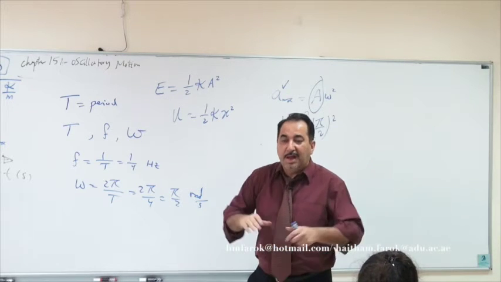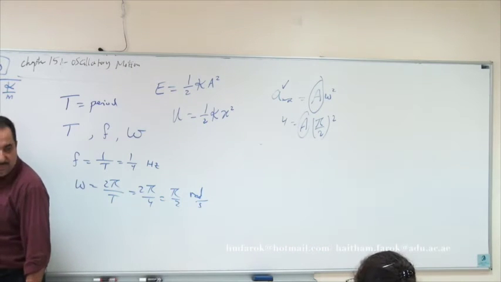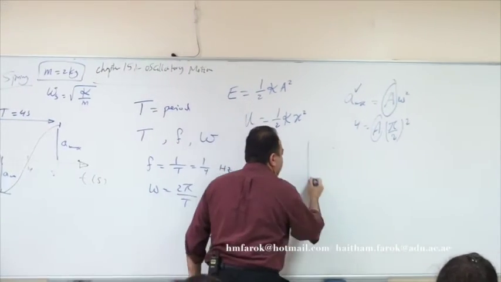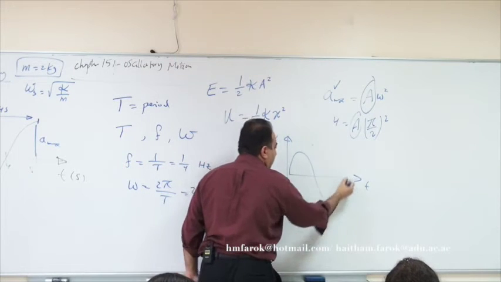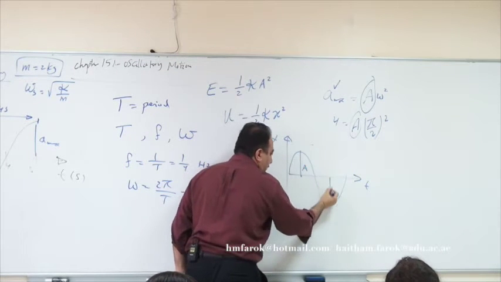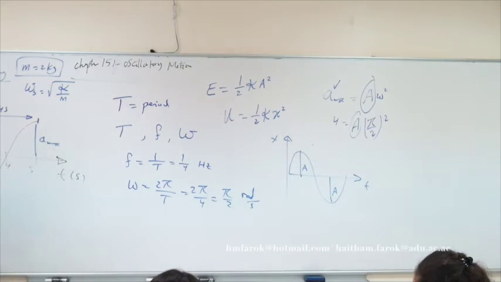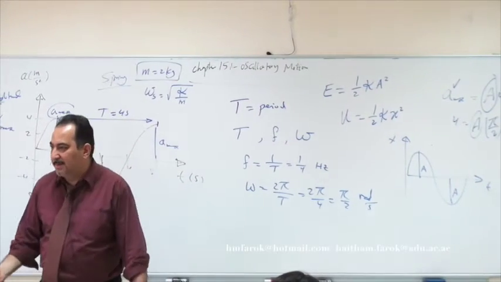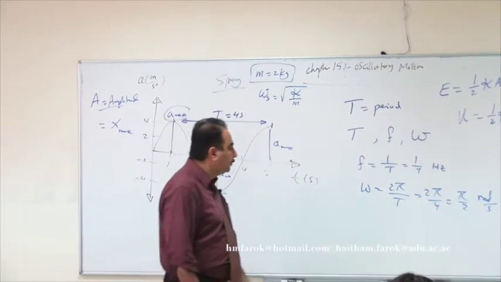What I want to say is that not every maximum is an amplitude. This is amplitude if the graph is xt. If this is xt, yes, this is amplitude. But this is not xt, this is at. All right, so I don't want to see this mistake. It's a common mistake. This is not an amplitude.